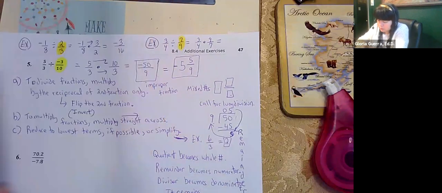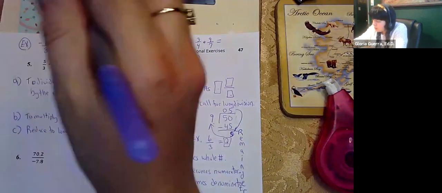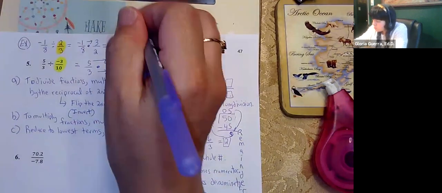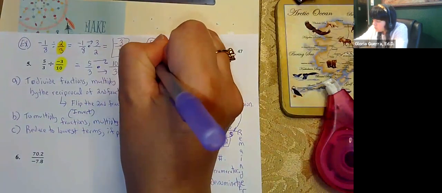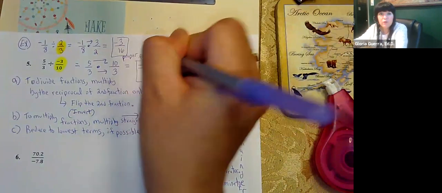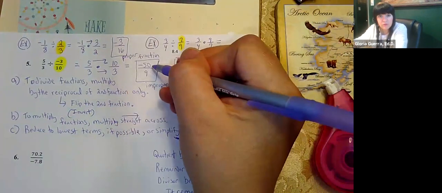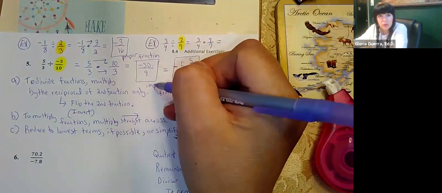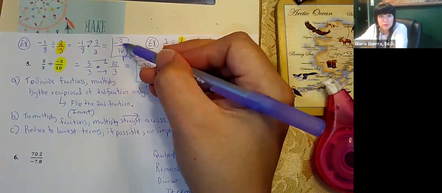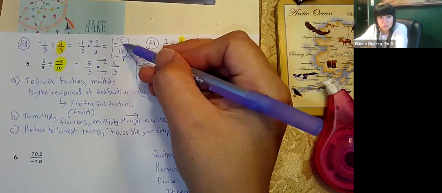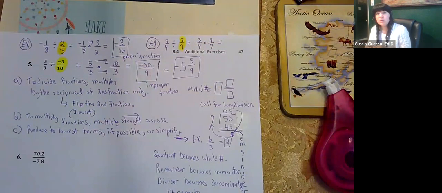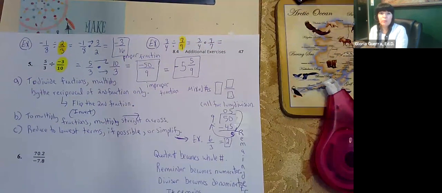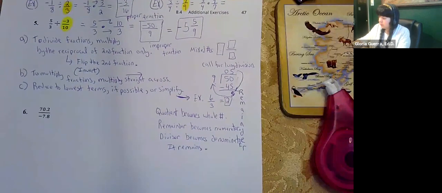So that's lowest terms, and that's called a proper fraction. Where negative 50, the 50 is bigger than the 9, that's called improper. When the 3 is smaller than 16, that's called a proper fraction. And you cannot make proper fractions into mixed numbers. Let me write that down here.